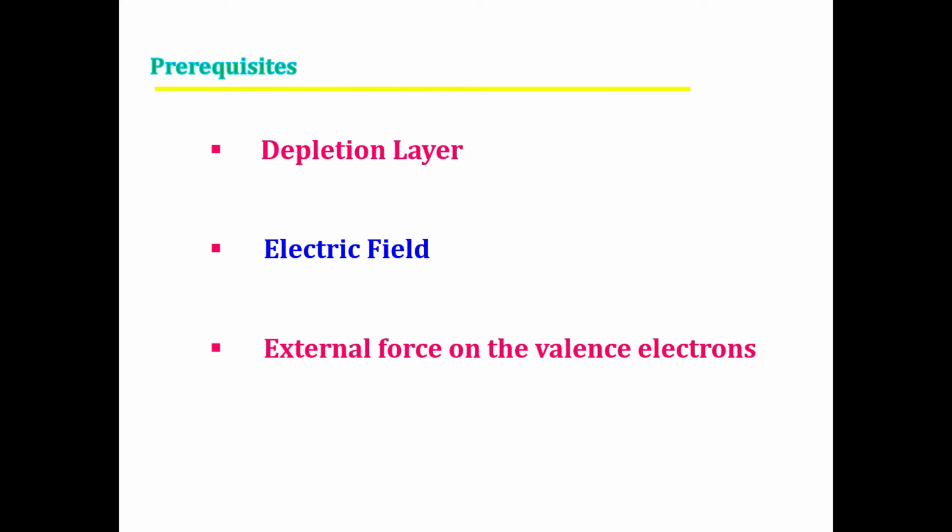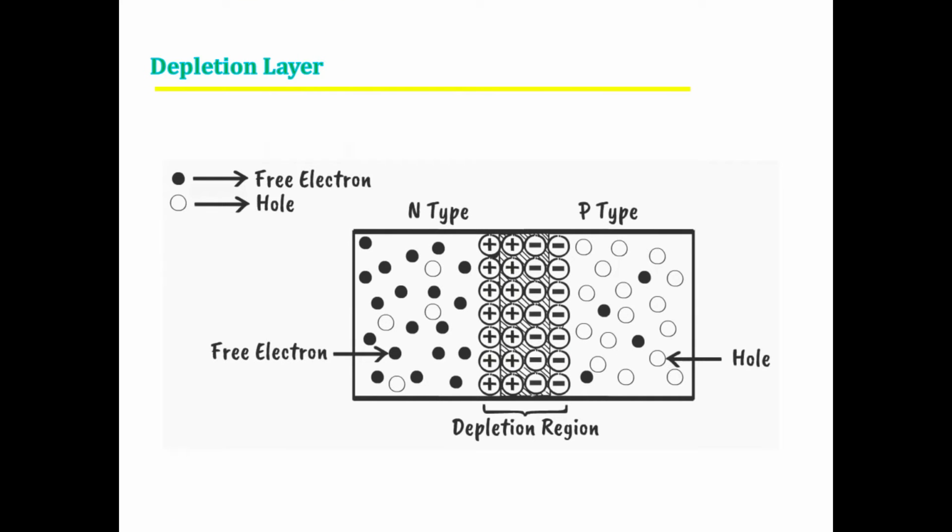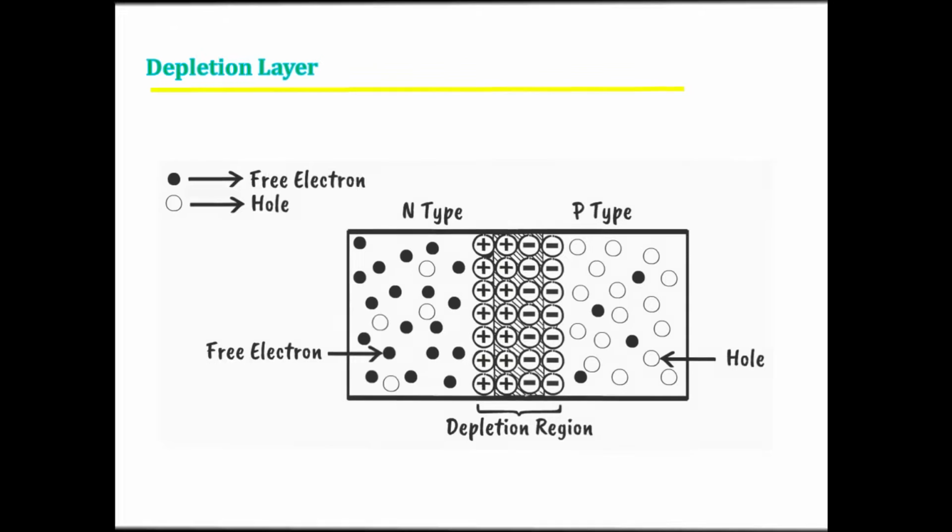The depletion layer: we know that when a p and n type semiconductor are joined together, diffusion takes place and as a result recombination occurs, and after some time a barrier is formed which we call the depletion layer. That is, we do have two walls on either side of the immobile charges.